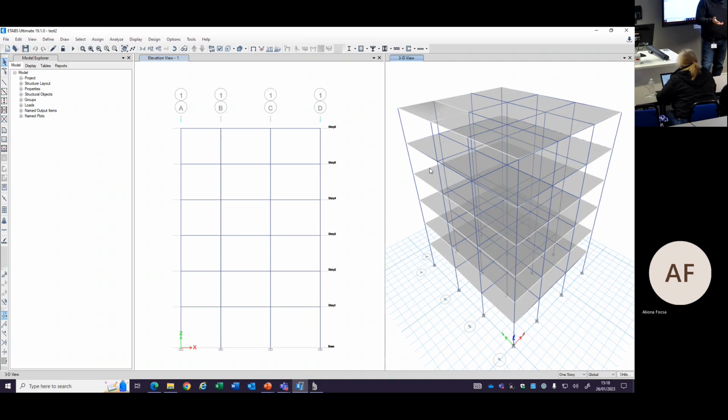You don't need to change the loading, do you? So everything is ready. You just need to change the concrete to steel and see how the steel material and the steel sections work for columns and beams. Really, we have only columns and beams. We don't have anything else.